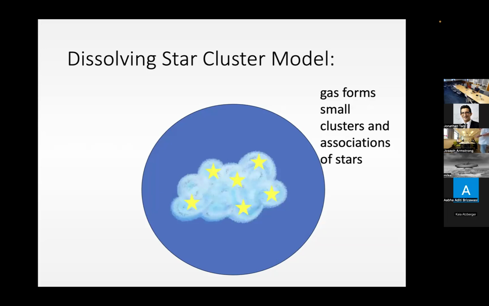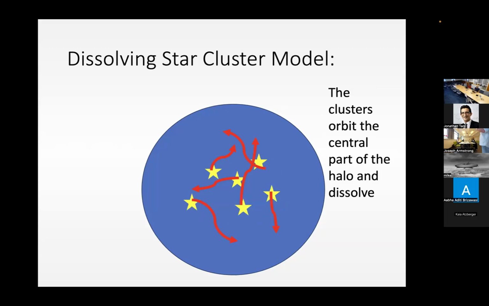Of course these star clusters have bulk velocities. All those stars forming in the same group are moving around in this dark matter halo in more or less the same way. They have individual motions within the little group, of course, but they have a bulk motion which puts them on a regular orbit inside the central part of this dark matter halo.